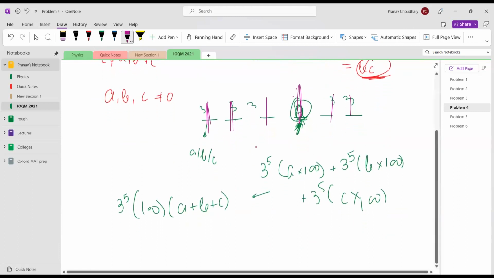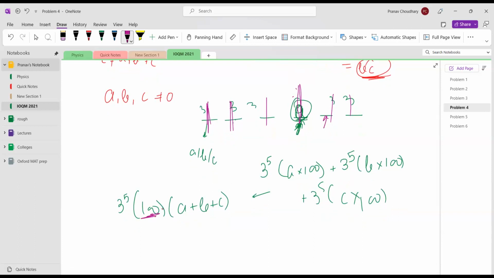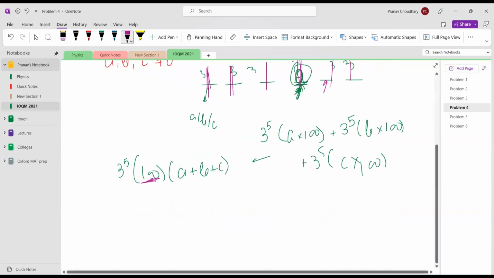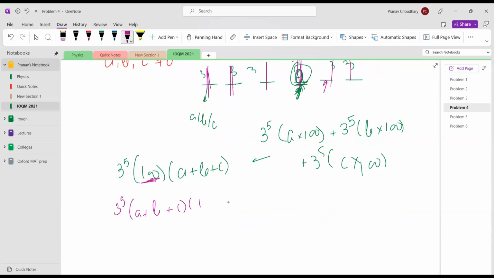By symmetry, or you can do it manually, when they're at this place, instead of 100 here, there'll be just a 10 and everything else will remain the same. So in total, it will be 3 to the power 5 times A plus B plus C times 100000 plus 10,000 plus 1,000 plus 100 plus 10 plus 1.